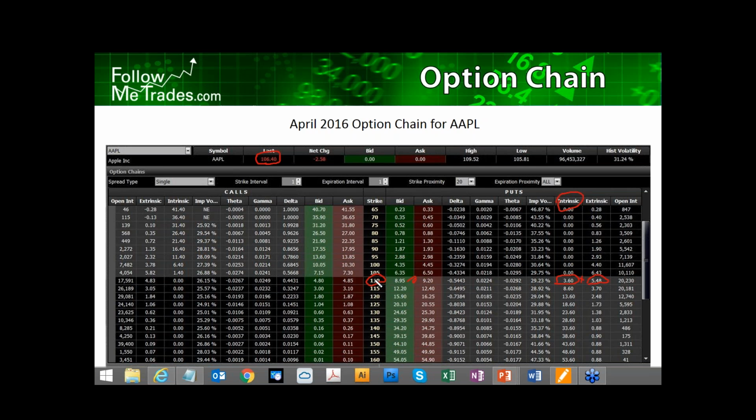So you can see this same contract 110, the call, has intrinsic value of 0, because with Apple sitting at 106.40, the right to buy it at $110 is not very valuable. In fact, it's not worth anything currently, but there is some extrinsic value, so there are some people who think it's going back up.